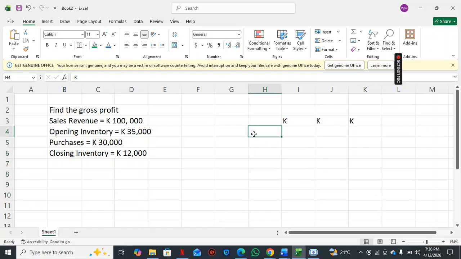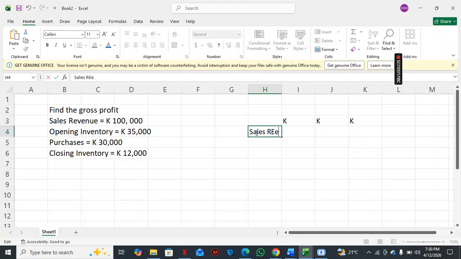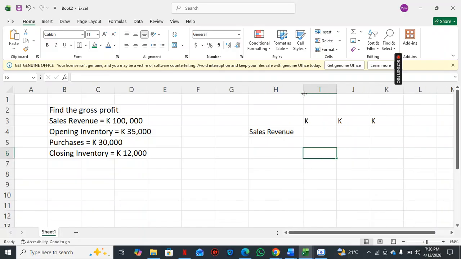This first column is usually for making adjustments for purchases. So you start with sales revenue. That's the first item in the trading account. So the sales revenue, 100,000 here.